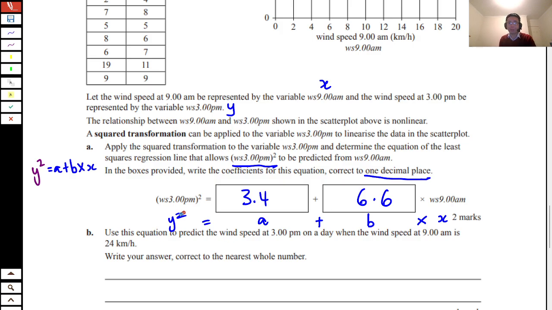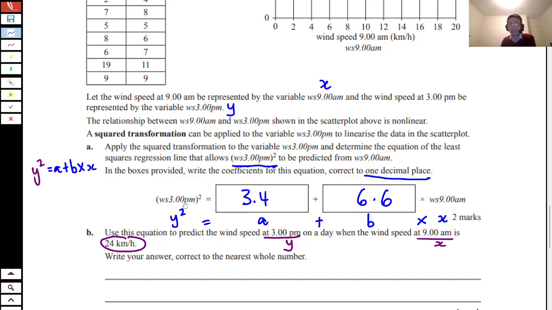Okay, so assuming that you've got this equation, we can now do part B. Part B says, use this equation to predict the wind speed at 3 p.m. So that's y, on a day when the wind speed at 9 a.m., which is x, is 24 kilometers. So it's much like the previous question.